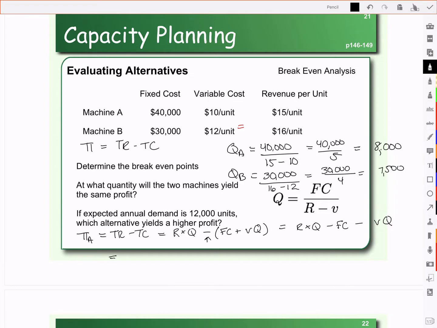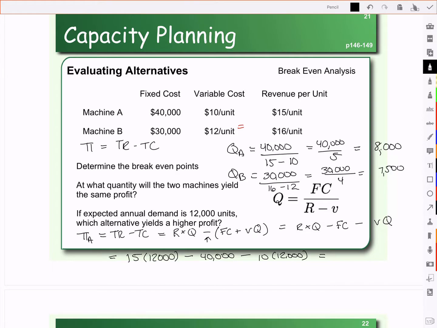All right, so let's do that calculation. Well, revenue per unit for machine A is 15, and we're looking at a quantity of 12,000. Minus the fixed cost of 40,000, minus the variable cost of $10 a unit times the 12,000 units. Okay, so we could put that into a calculator and find out what we get.